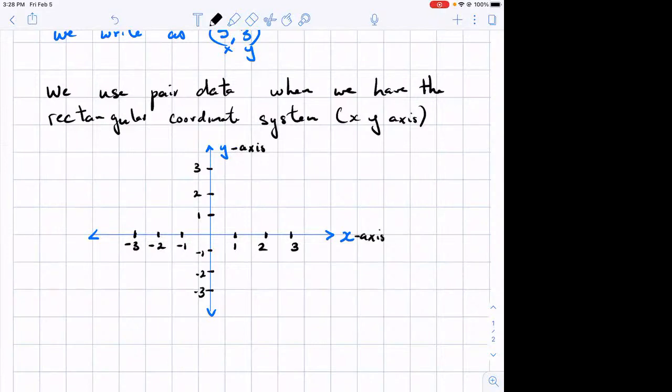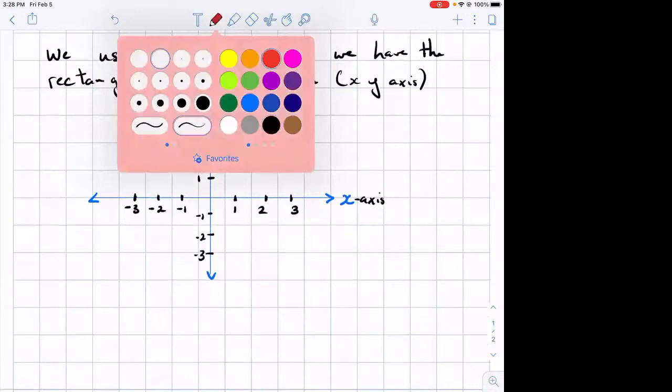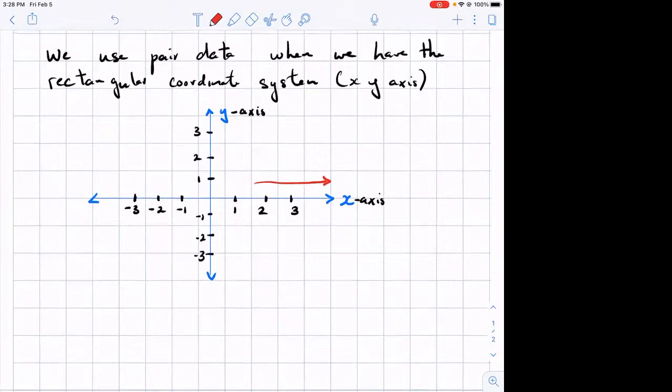We don't usually write axis, we just write x and y. You will notice that on the x-axis, as you move this way, you move in the positive direction, and likewise, if you move this way, it's positive also. So this is the positive direction. And if we go this way, it's negative, and this way is also negative.